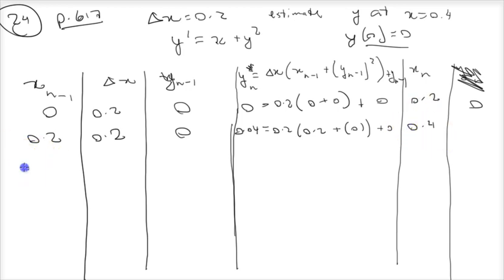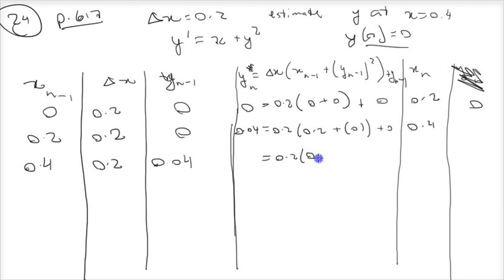We add the step size, and so now we're going to be approximating for y when x is 0.4. So old x is 0.4, change of x still the same, it's 0.2, and our old y is 0.04. So step size is 0.2.